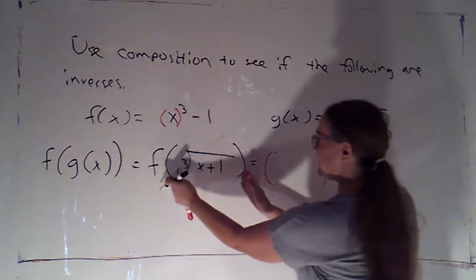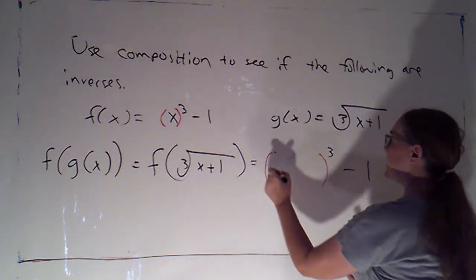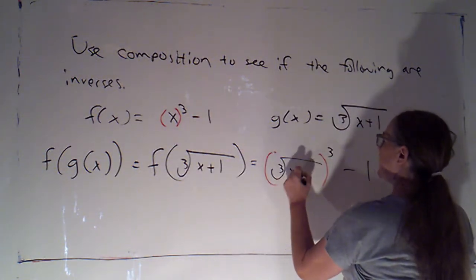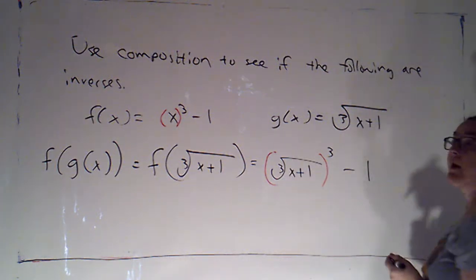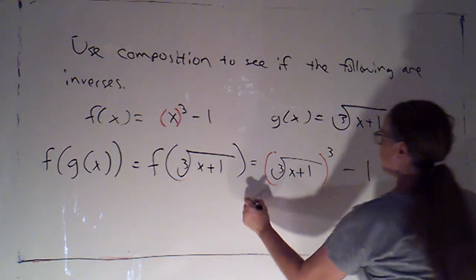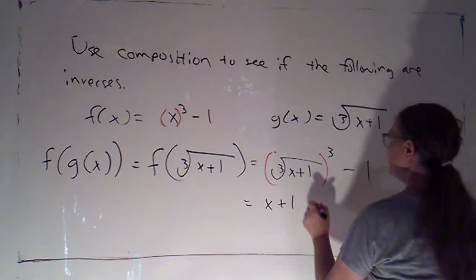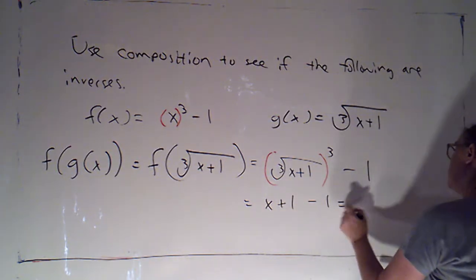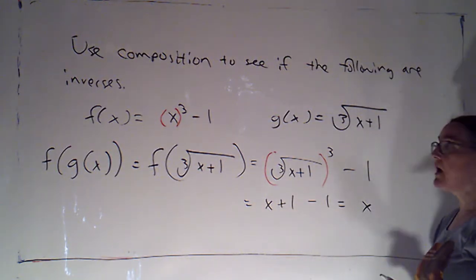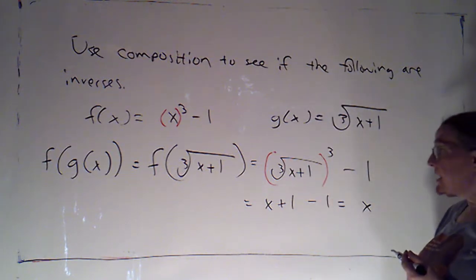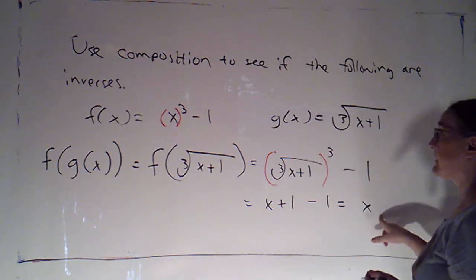So what's inside the parentheses here goes inside the parentheses here. So I get the cube root of x plus 1 cubed. Well, that's just going to be x plus 1, and then we subtract 1, and we get x. So f of g of x does simplify to just give us x.